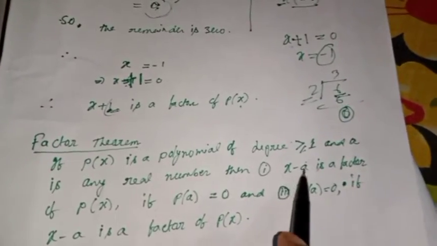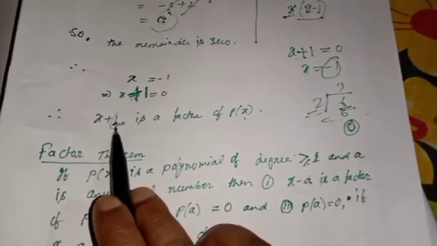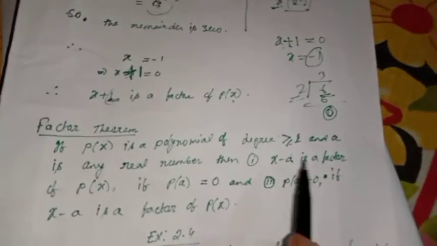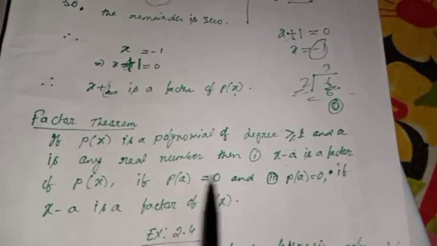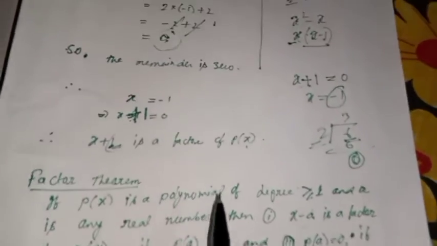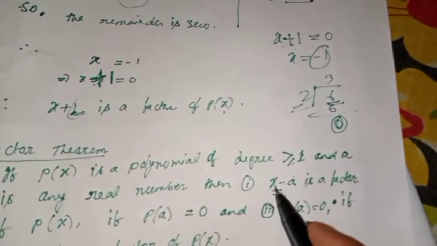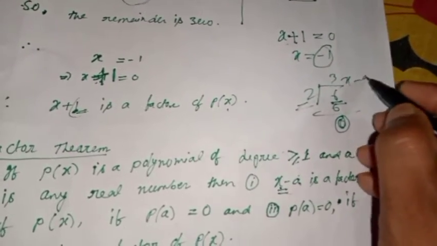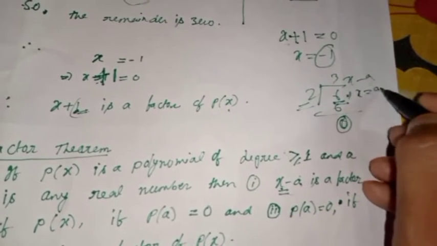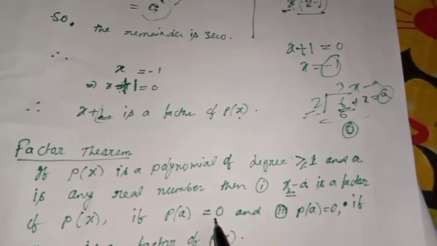Then x minus a is a factor of p(x) if p(a) is equal to 0. When you take x minus a, and find the value of x, x minus a equal to 0, then x equal to a. Then p(a) is equal to 0.